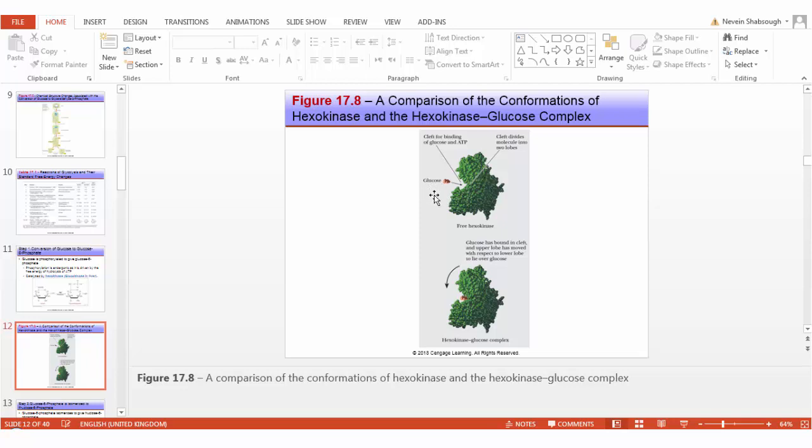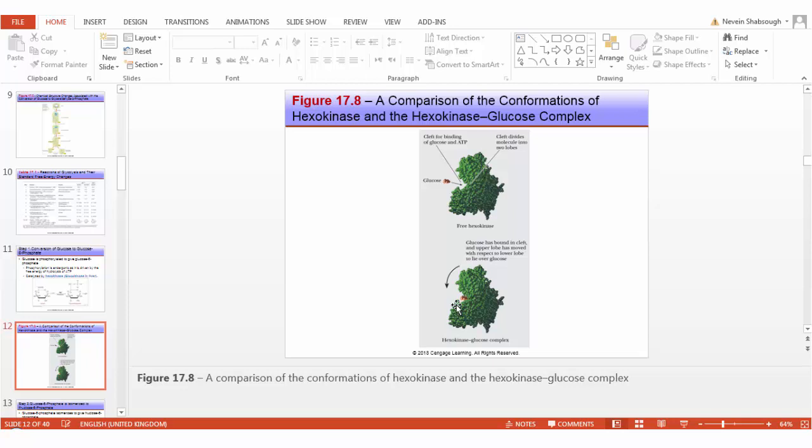When glucose approaches and is bound in the cleft, the upper loop moves down with respect to the lower loop to lie over glucose, and this is a good example of the so-called induced fit model for an enzyme binding its substrate. This is called the induced fit model, the one we talked about in chapter 6, the induced fit theory.